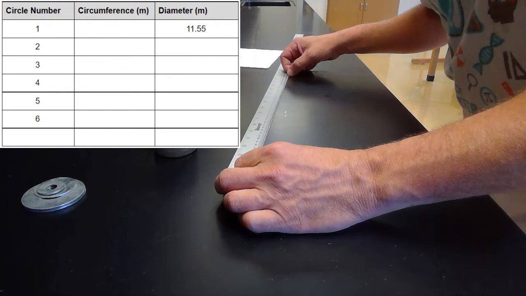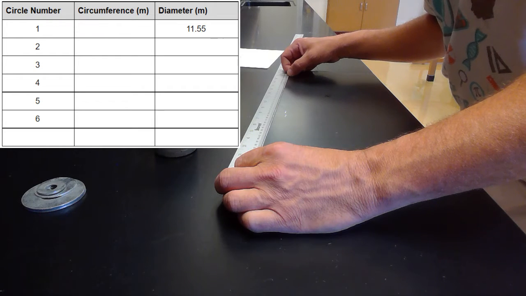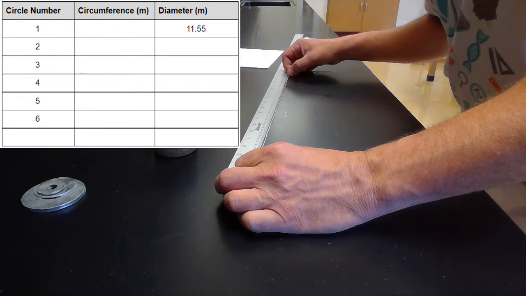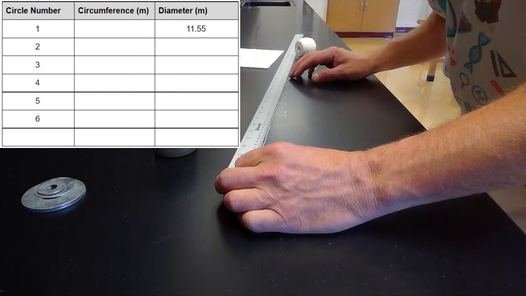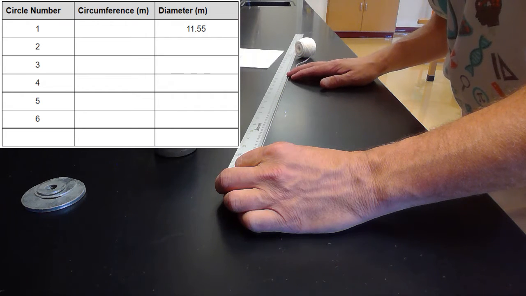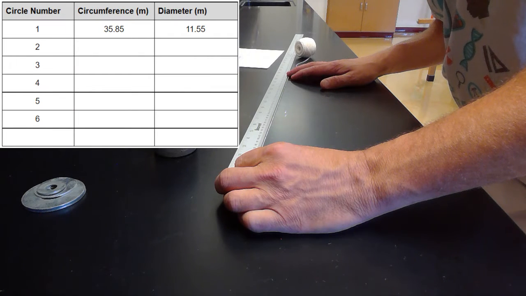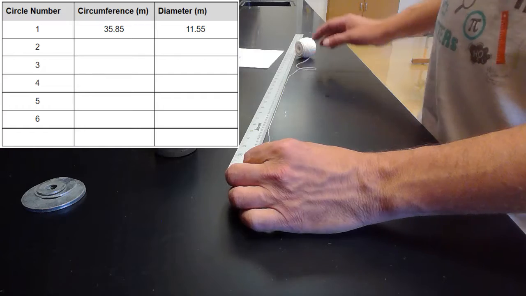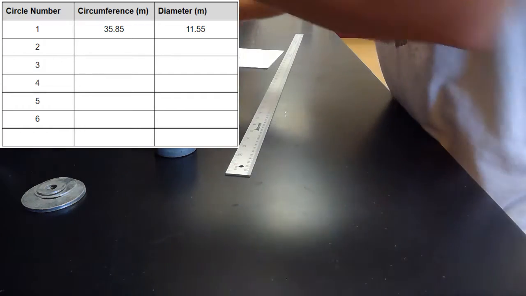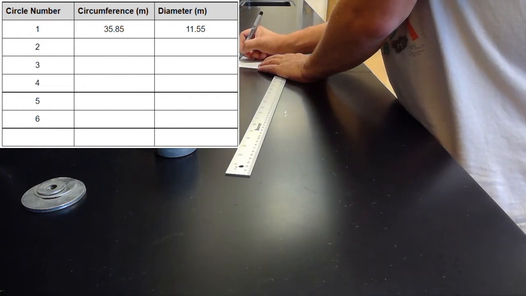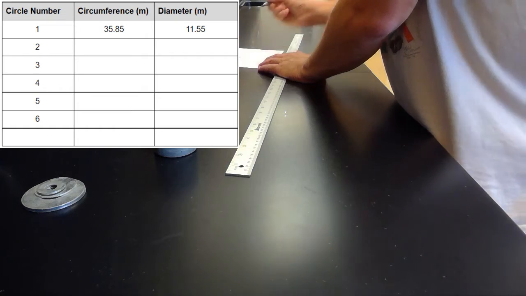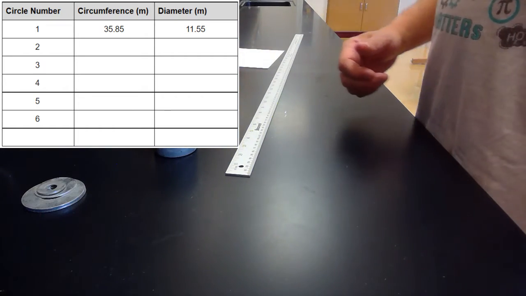And the circumference there looks to be, we'll call that 35.85 centimeters. Okay, now let's look at another circle.